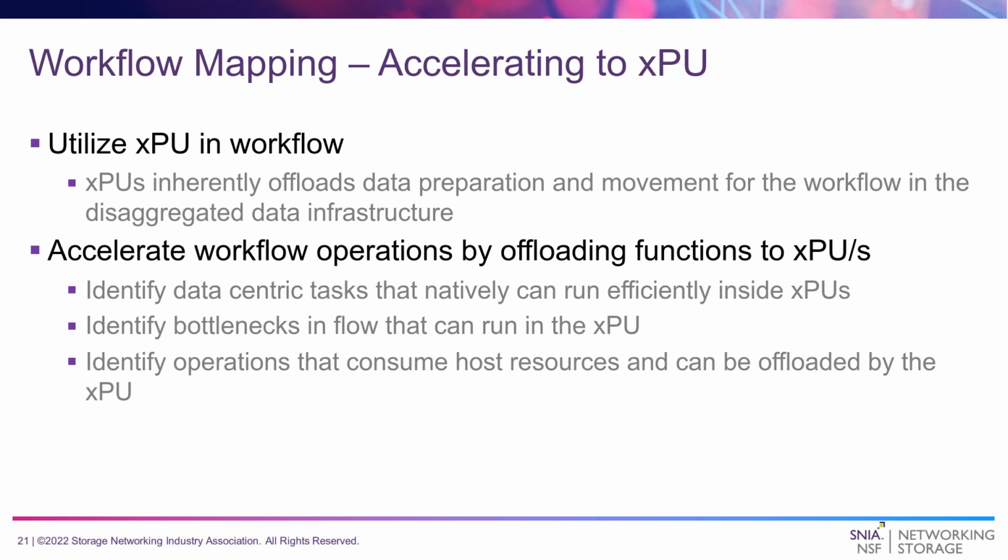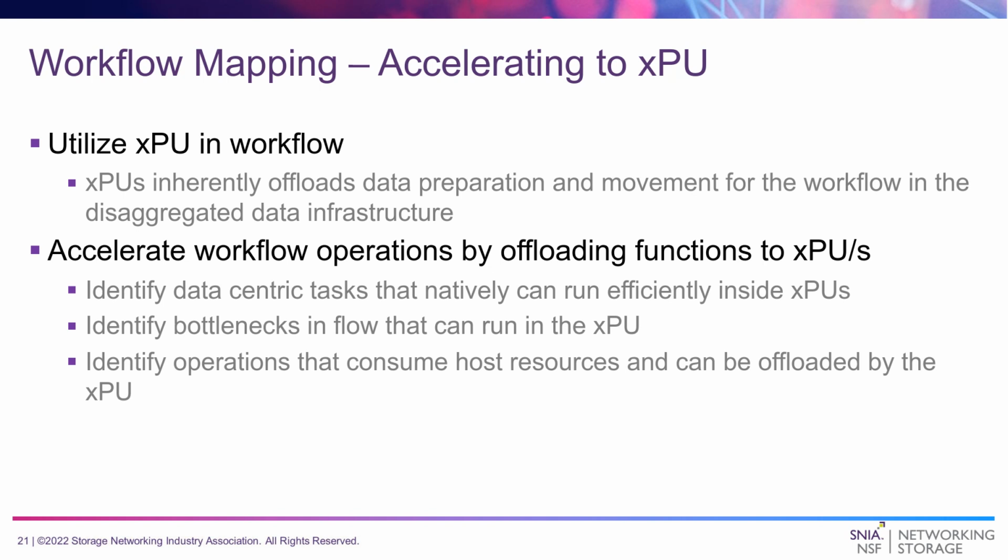For example, memory bandwidth issues when you are moving data from the xPU to the general purpose server to the hardware and back. Those bottlenecks might have been in the local case, but some of them, even when you're mapping a local to a disaggregated flow, might create different bottlenecks.